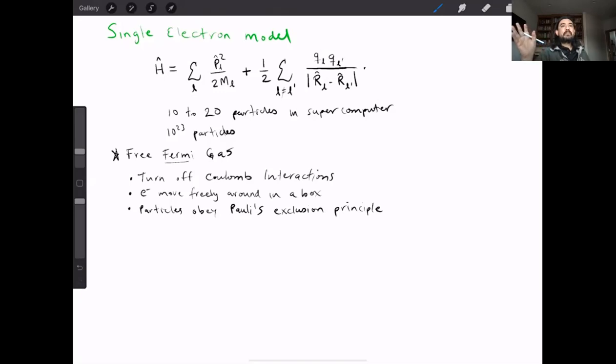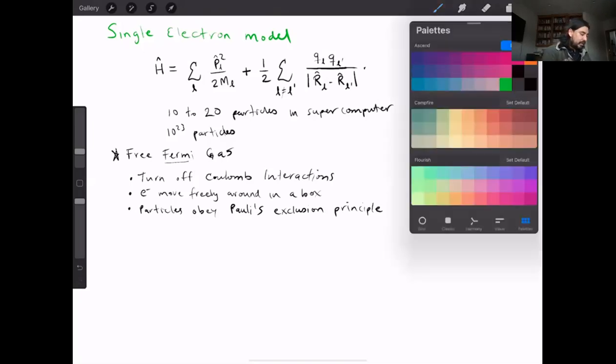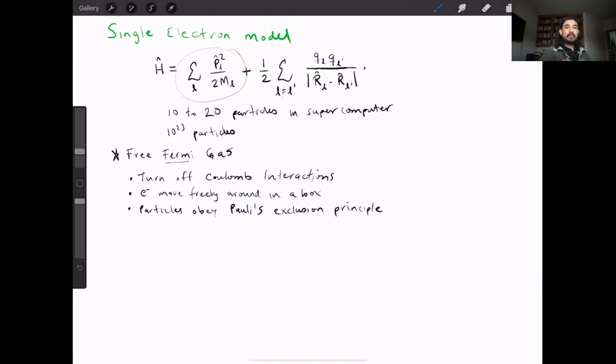So for instance, if we have this model, we can apply it to metals. And in fact, for metals, some of the metals are reproduced very well with this free Fermi gas. And it's interesting, right? Because you're just considering this part of the Hamiltonian, not the other collection of parts. So some metals work really well. So, sorry, the other part, the one with the 1/2, would be the Coulomb interaction.